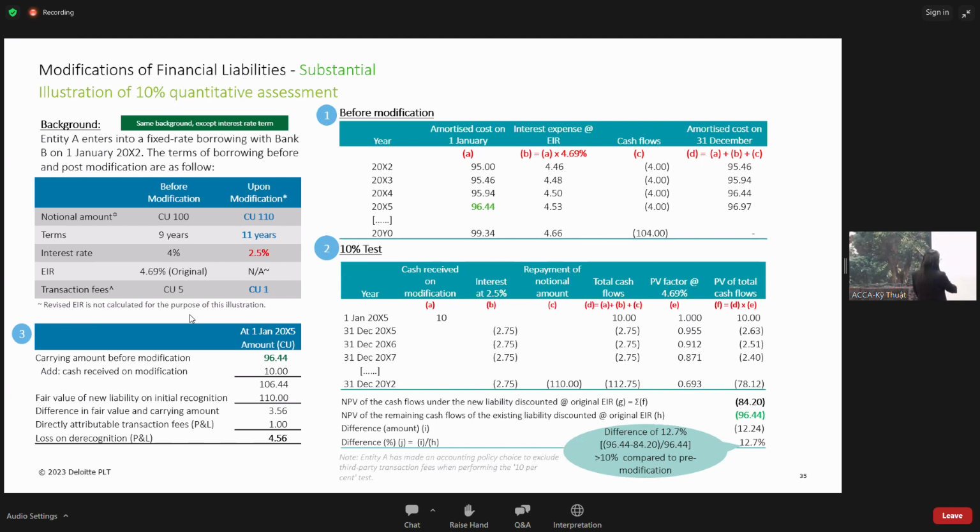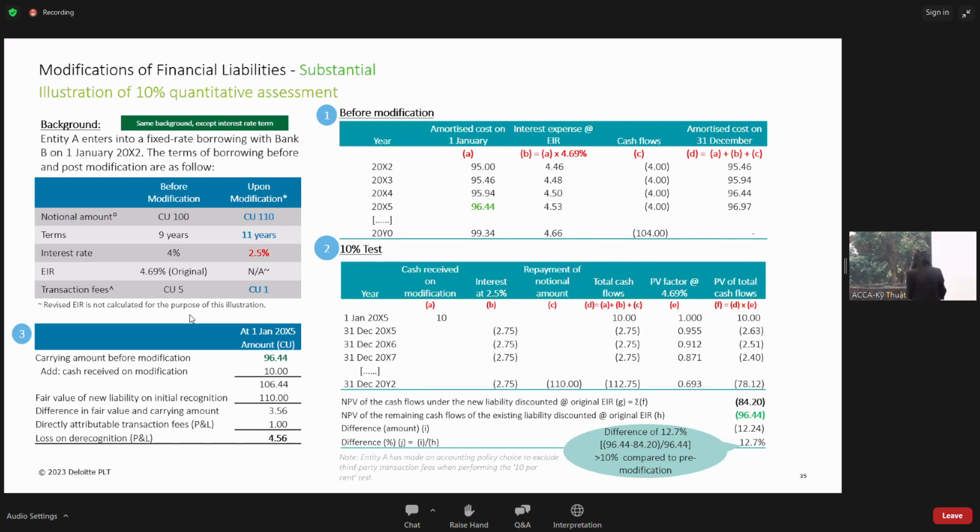So my carrying amount before modification was the original 96. Then I will add the cash on the modification of 10. This difference is what I call the gain or loss arising from the derecognition.